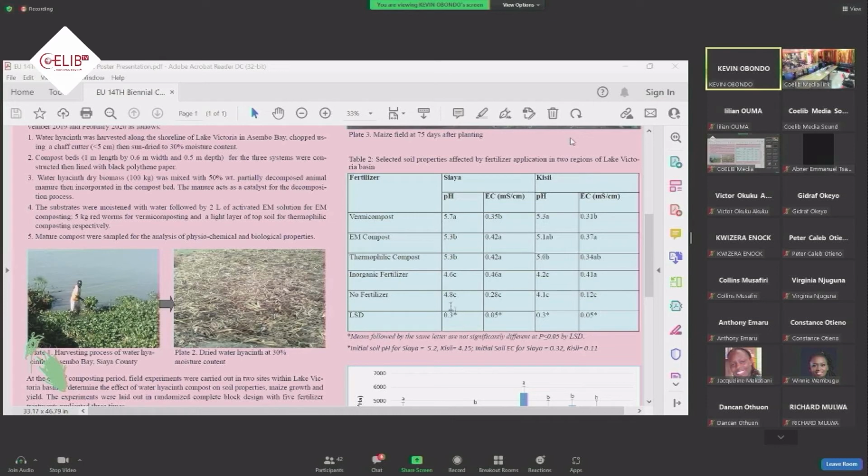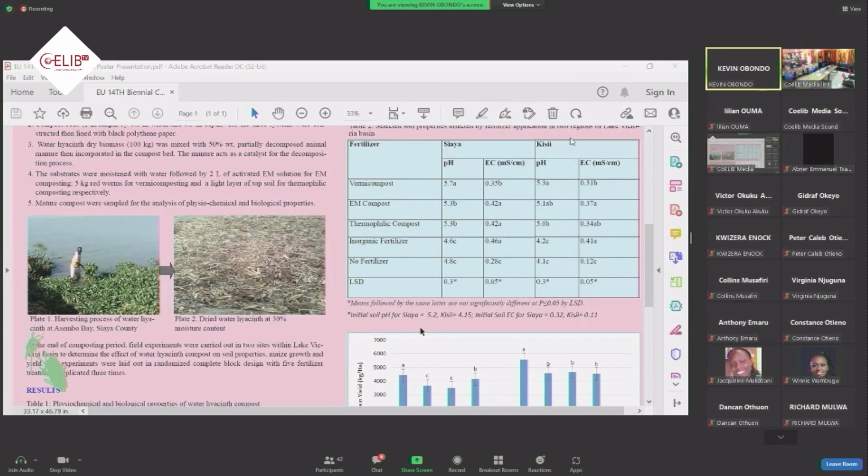And also on soil properties, we can check on the right flank. Initially, our soil in Siaya was moderately acidic, with a pH of 5.2, and when we applied these organic amendments plus the chemical fertilizers, these were some of the changes we were able to get in our field.